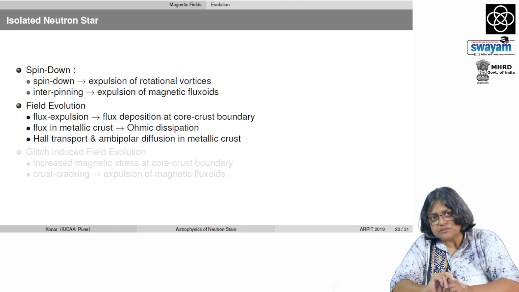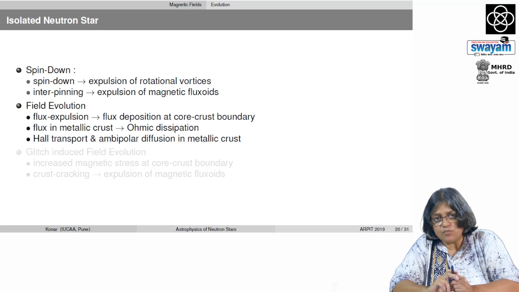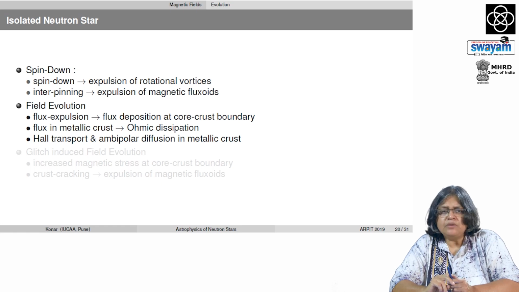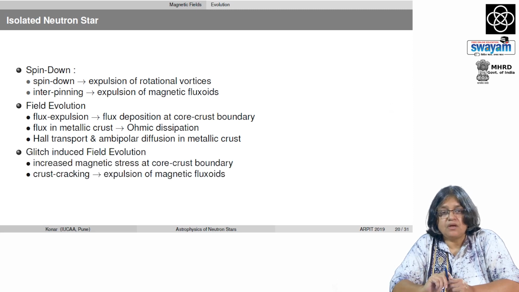Now, in this context, what is very important is not the ordinary isolated neutron stars, where the amount of field evolution is not significant to change the nature of such an ordinary neutron star, but it might be important for neutron stars which are undergoing repeated glitches.